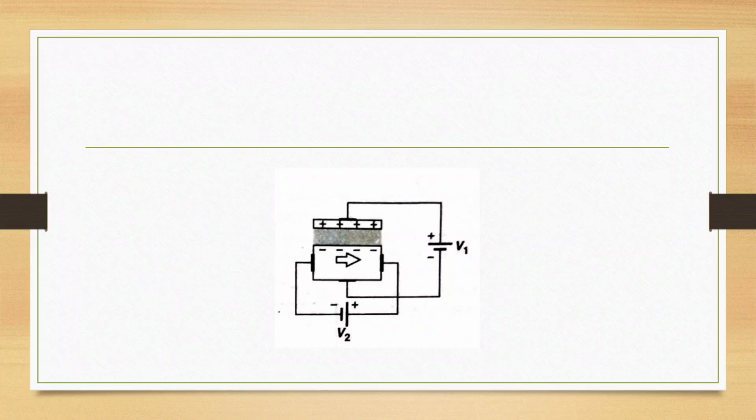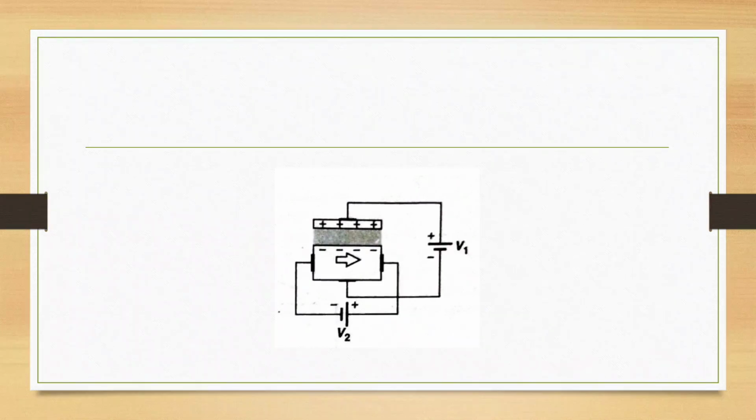This current flow depends on the V1 voltage. If you increase V1, the current flow inside the P-type substrate will increase. If you decrease V1, the current flow inside the P-type substrate will decrease. Why so? This is because of that capacitive formation.